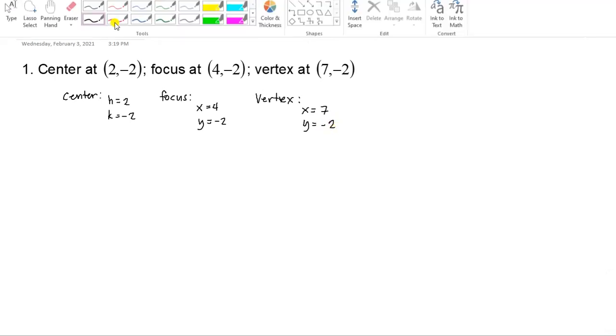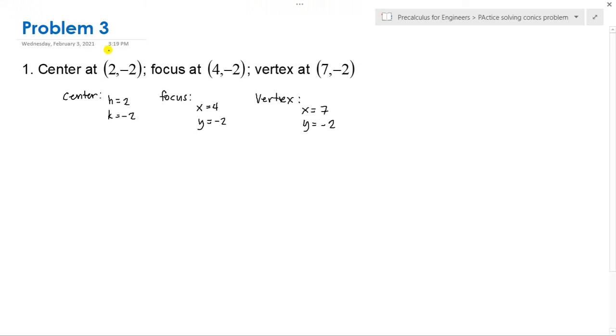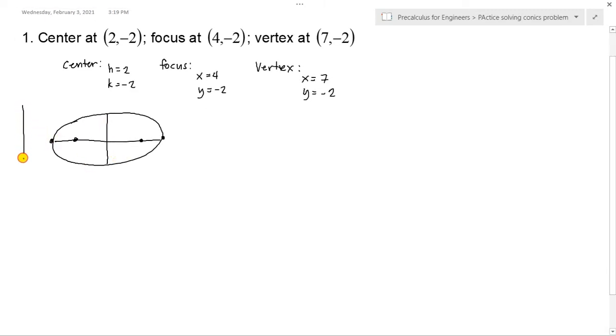Okay, so we all know that in an ellipse, this is the major axis, this is the minor axis. The foci and the vertices are on the major axis. If this is a Cartesian coordinate system wherein this is the center, the measurement to the center of the ellipse is h and k.